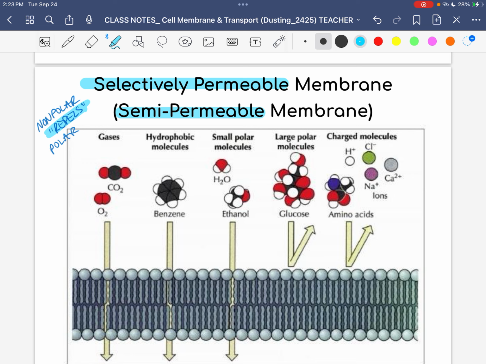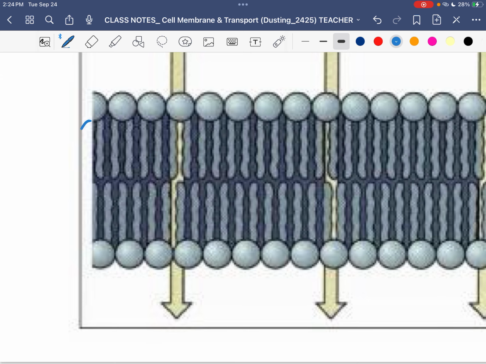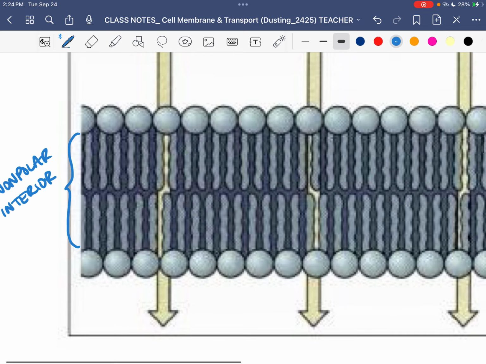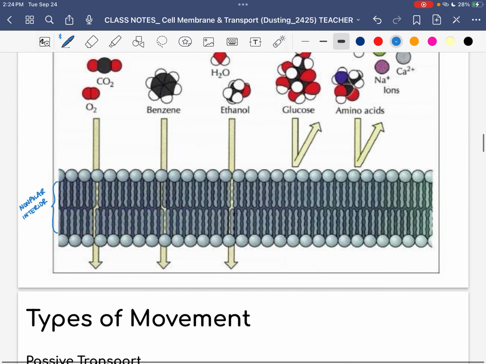So the other thing we need to remember is that the interior of the membrane, here's the interior, it's a non-polar interior. So there's no water in here. And it doesn't really like polar substances in there.